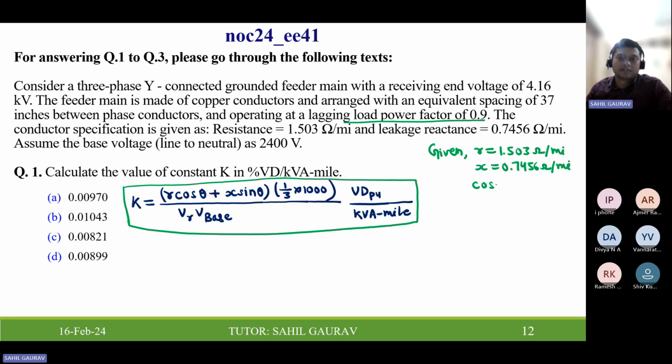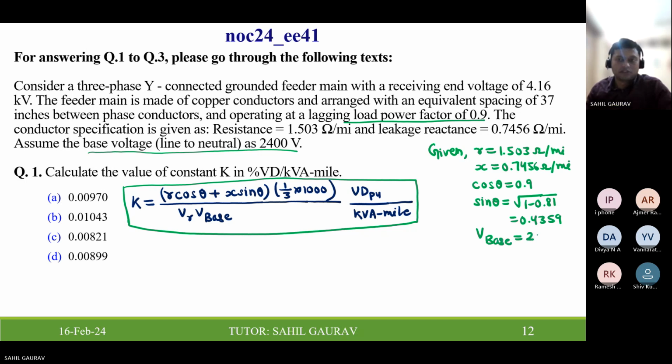So cos theta is 0.9 and then sin theta is root of 1 minus cos square theta, 1 minus 0.81 under root. So it will come out as 0.4359. Now VR and V base are both the same, rated voltage and base voltage both are considered the same. So base voltage is given as 2.4 kV, 2400 volt.